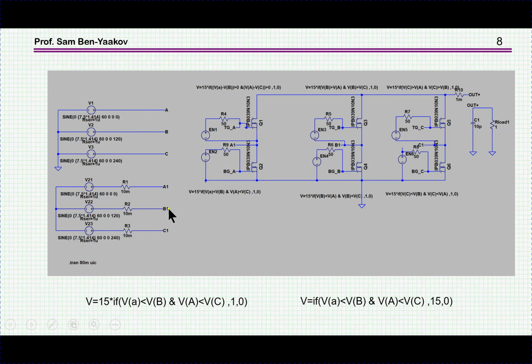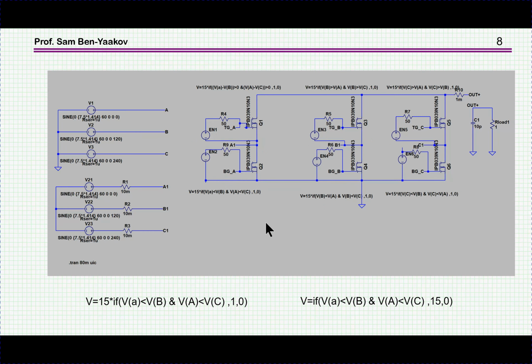Now A1, B1, C1 are connected here. And then I have these behavioral sources, 6 of them, and each one has an expression that lets it know when to turn on these transistors. These are FET transistors, MOSFET transistors.